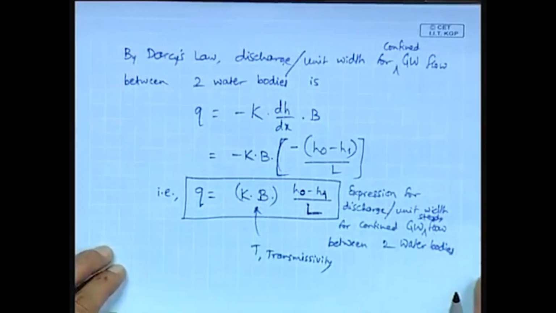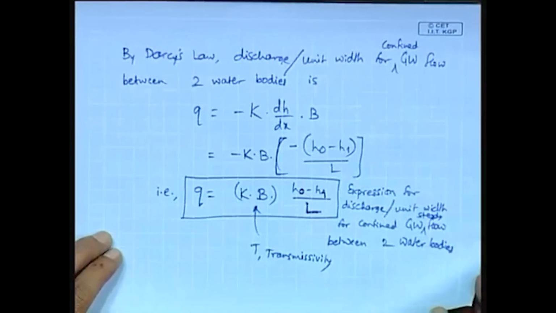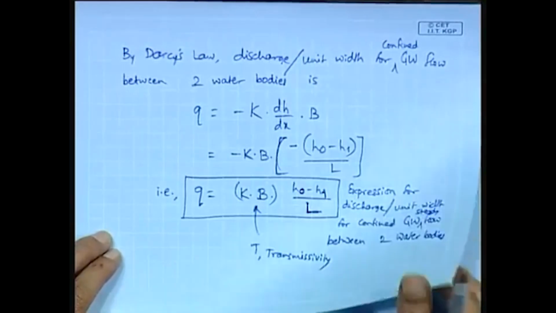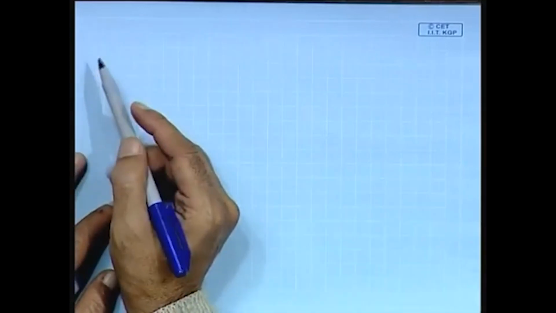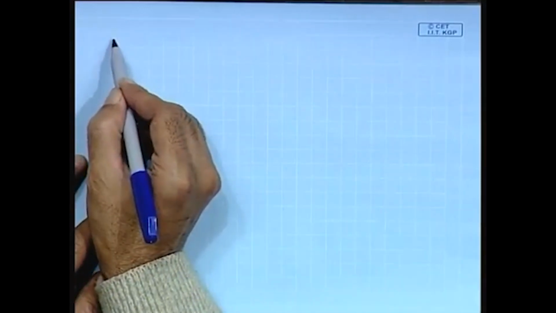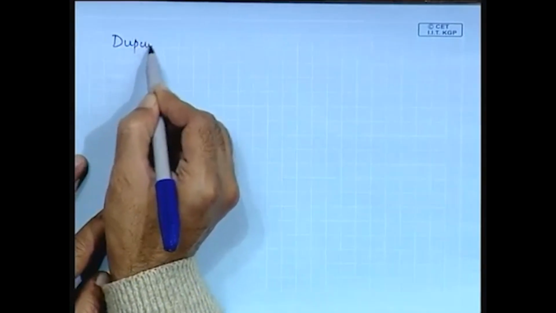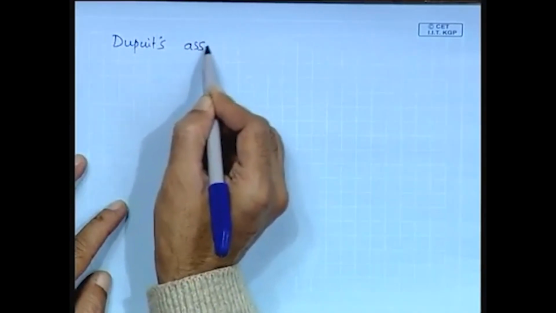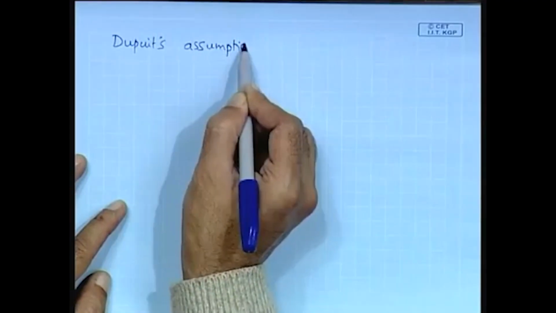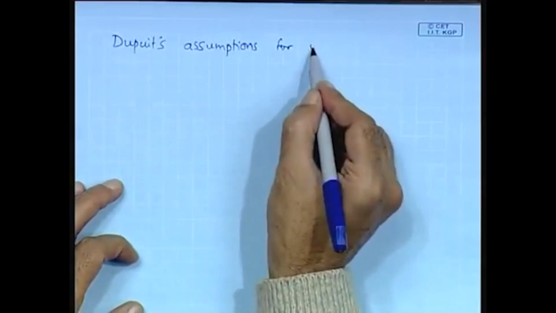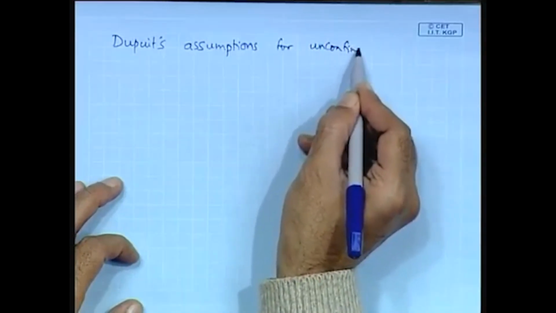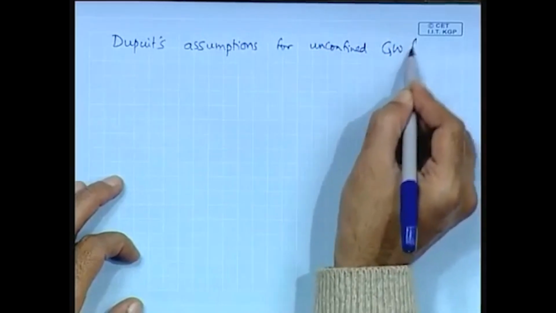Okay. So, now let us come to the unconfined flow, that means flow through an unconfined aquifer, wherein the Dupuit's assumptions for unconfined groundwater flow apply.